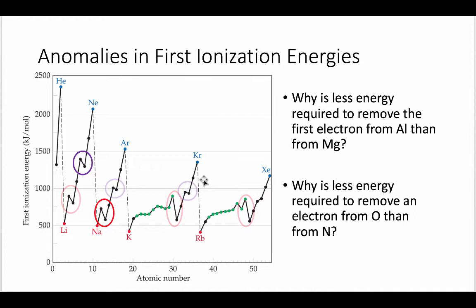So again, when we're talking about periodic trends, if they're following the trend, the explanations are based on Z effective and N. It's only when they're not following the trend, when you have an anomaly or an exception to the rule, that you're going to invoke some explanation based on electron configurations.